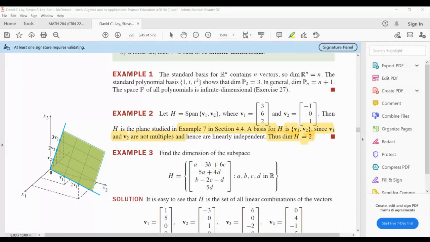That's because a plane is the span of two linearly independent vectors in R3. It's two basis vectors that are needed to generate the plane. So the dimension of a plane is equal to 2. A plane is a two-dimensional subspace of R3.